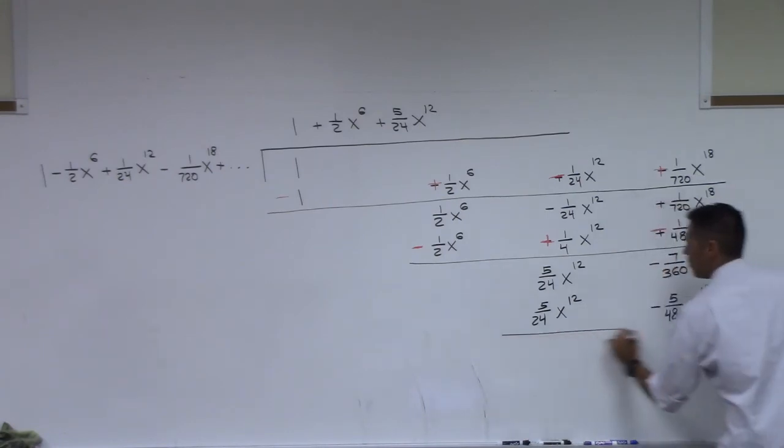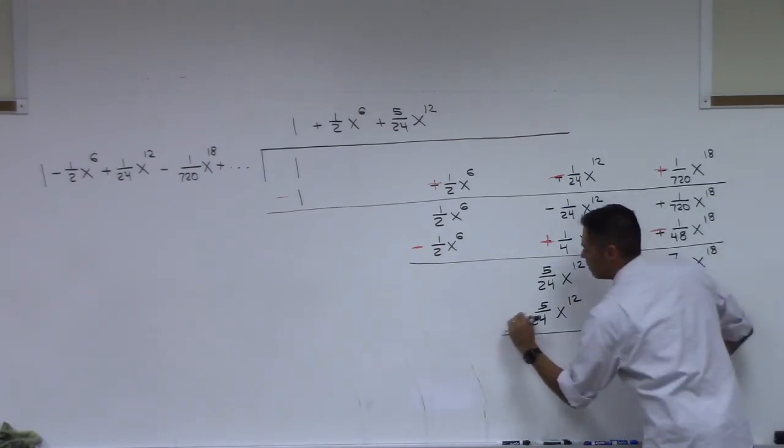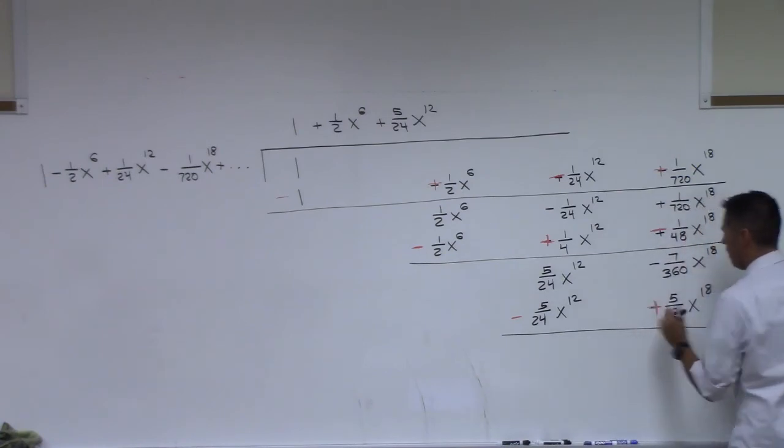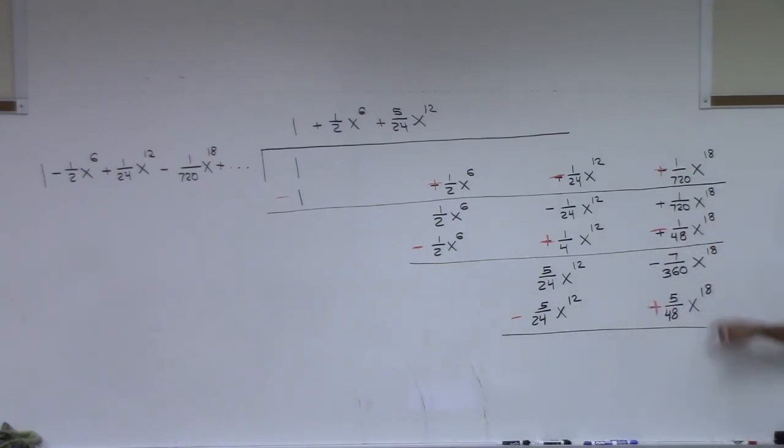Come through, subtract, becomes plus, right? Let's get this last one. If we can get this last piece, then we'll actually have 4 terms. So I'm trusting all of you could get a common denominator.